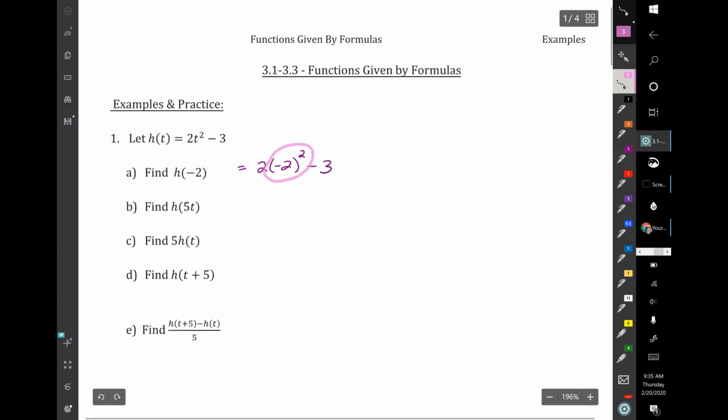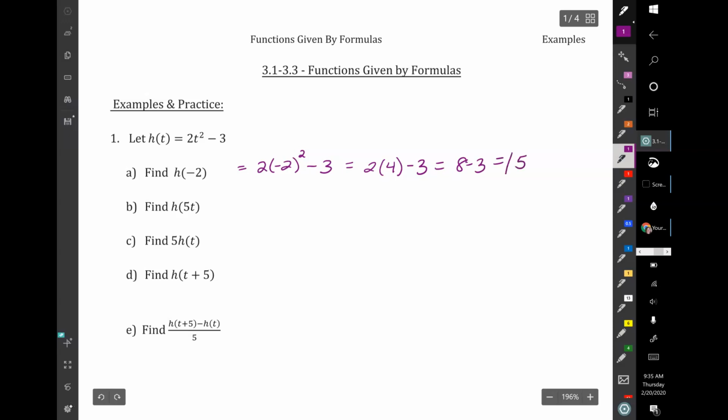The negative 2 all squared, that means negative 2 times negative 2 is going to be a positive 4. And I'm still seeing sometimes people writing that as a negative 4. So we want 2 times 4 minus 3, which is 8 minus 3 equals 5. So that's my answer there.